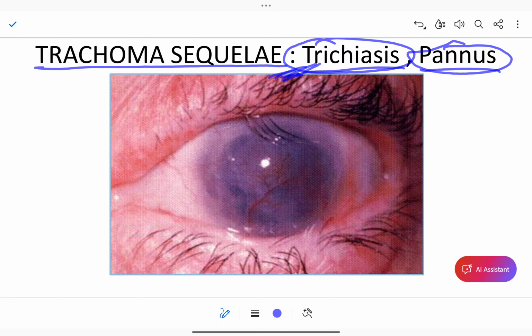Pannus, in the ophthalmic context, especially in trachoma, refers to abnormal blood vessels that grow into the cornea from the limbus, forming a vascularized overgrowth that can impair vision.